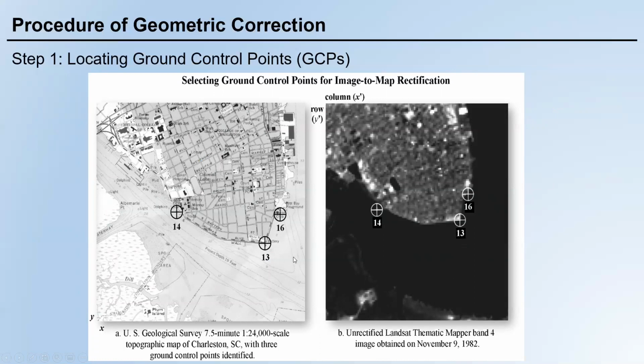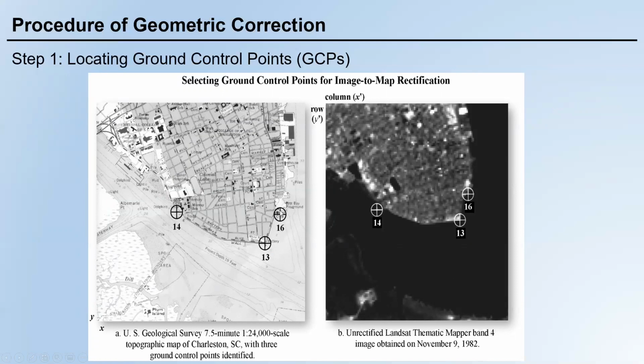And let's see what other factors you need to be careful with. All these 3 points are also identified in specific areas. For example, 14 and 16, they are both on a specific bay or harbor of this island. Here is a harbor. Here 16 is another harbor.